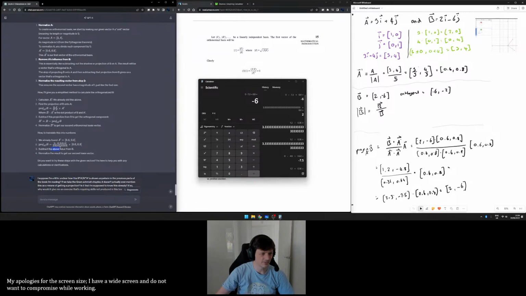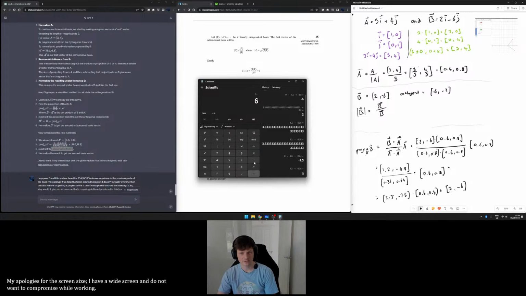So that's the projection. Now subtract the values from B. So then you've got 0. Negative 6 take away negative 6 equals 0, yeah.